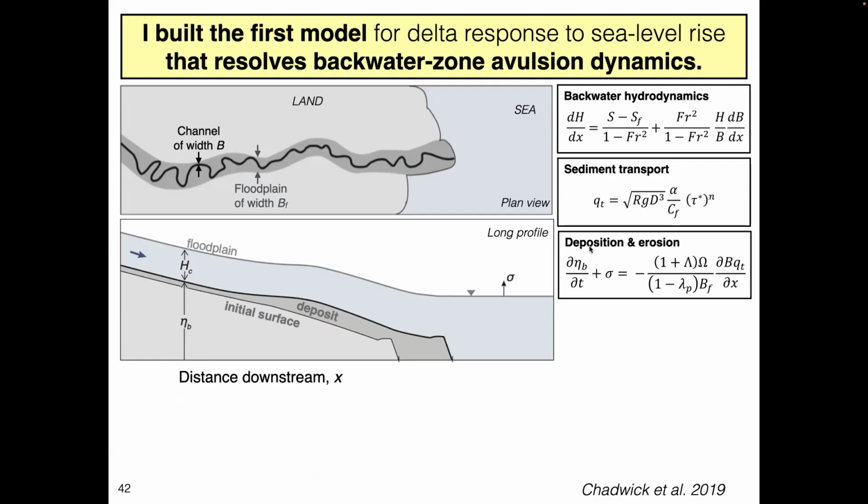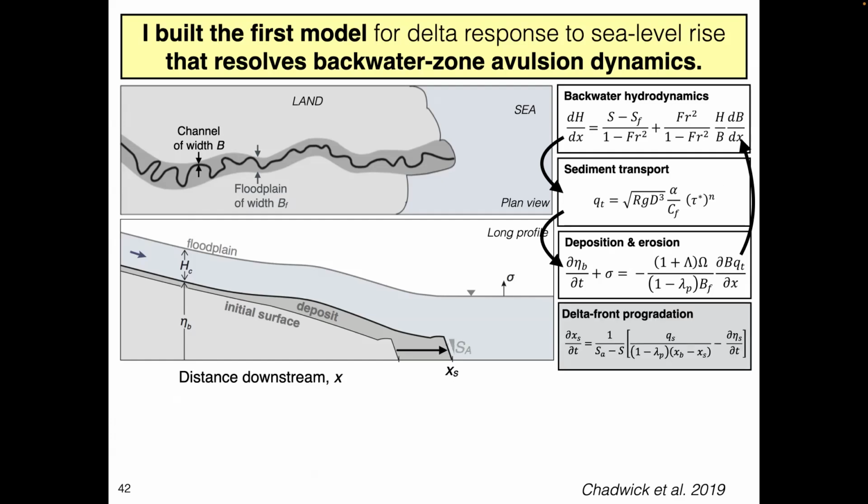And then we also quantify the deposition and erosion along the river using an Exner equation for sediment mass balance. These three themselves form what we call this morphodynamic cycle, where the flow drives sediment transport, which causes deposition and erosion, which changes the future flow, and so on and so forth.